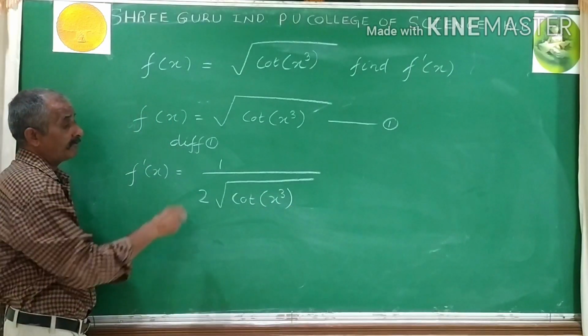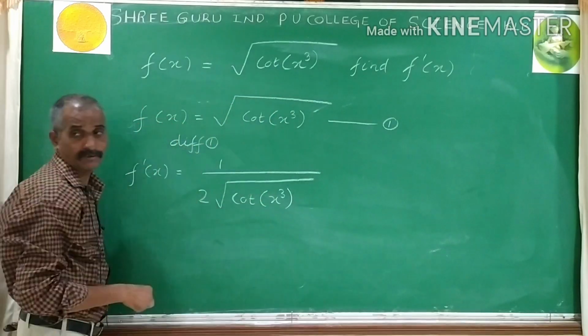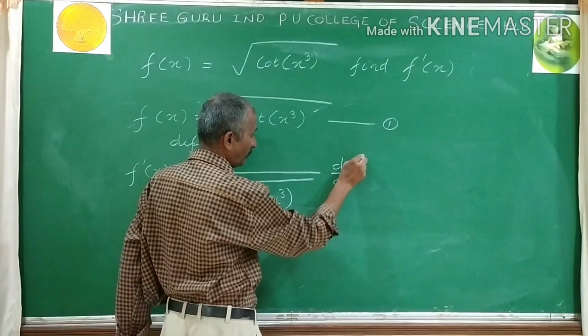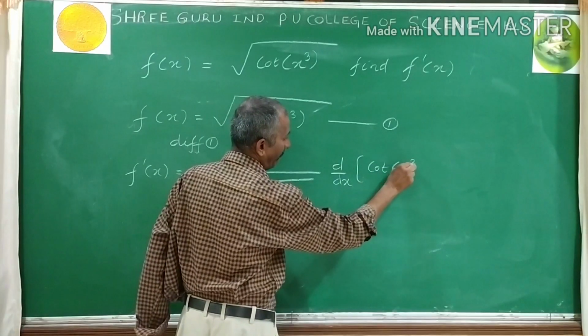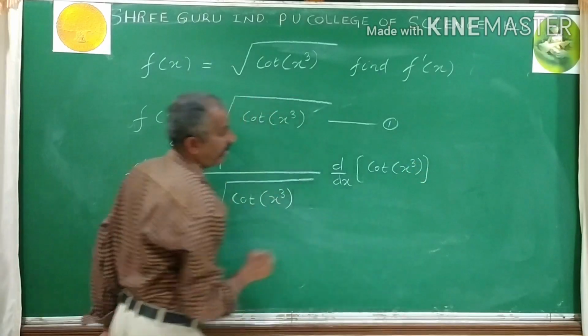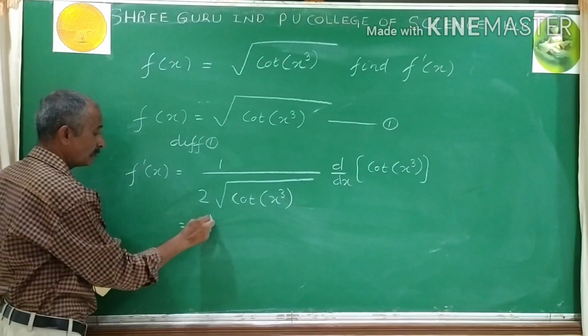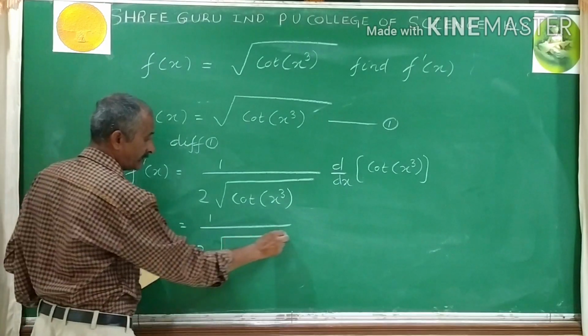Not enough. What have we written? Only the square root function differentiation is over, into the differentiation of cot x cube. That is equal to 1 by 2 into square root of cot x cube.